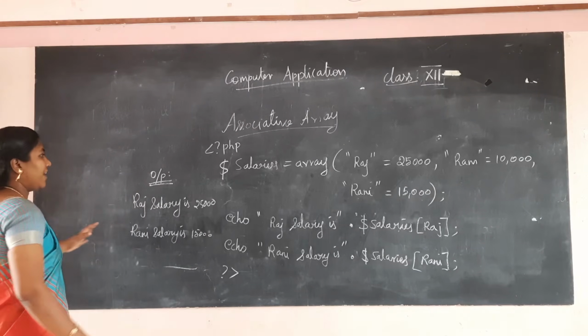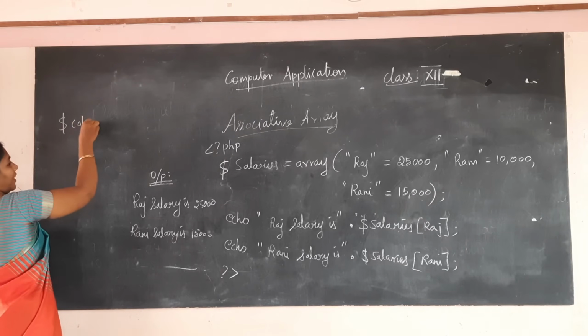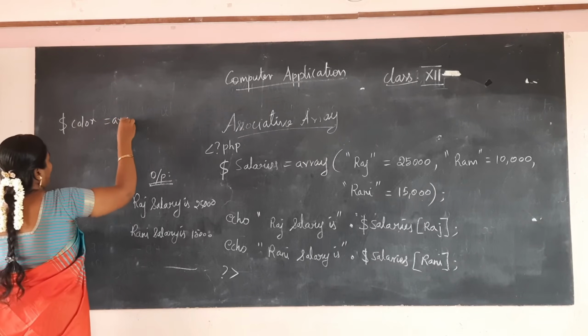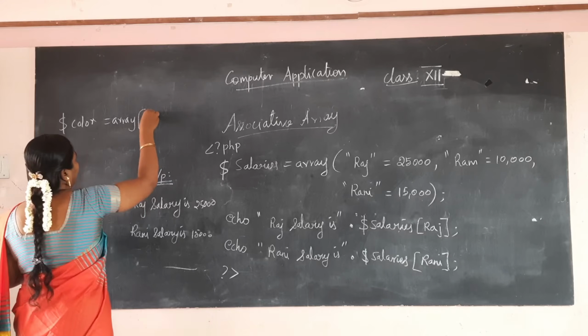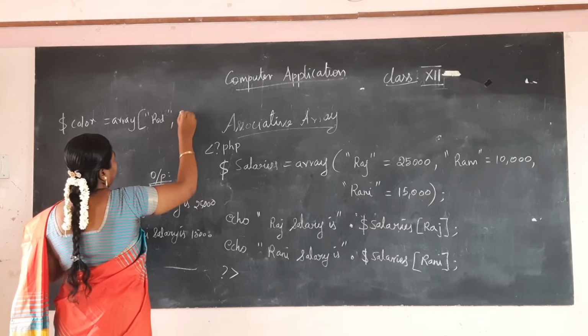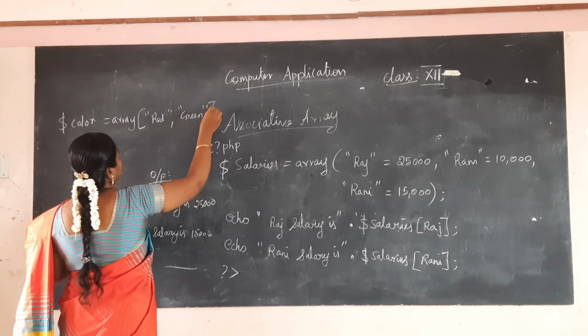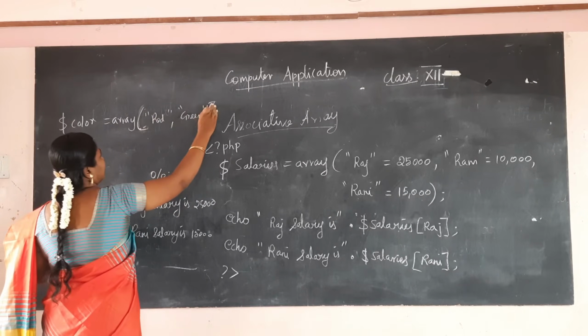Okay. Suppose I am having dollar color is equal to array of red and green. Suppose I am having an array like this.